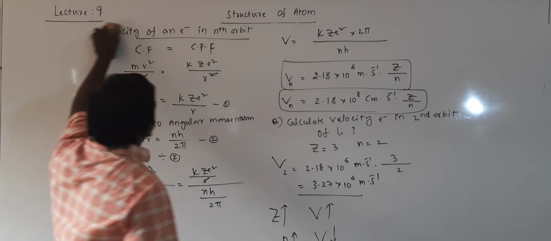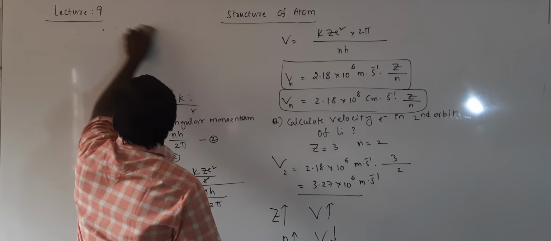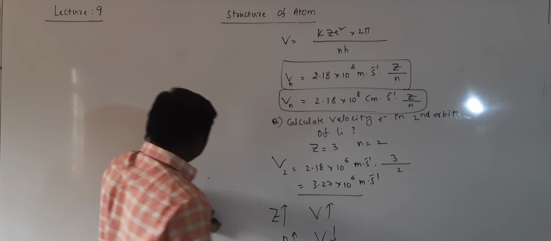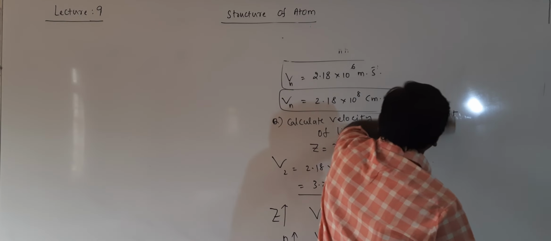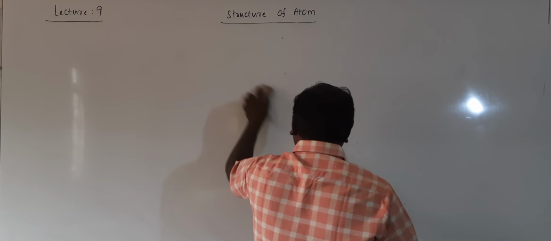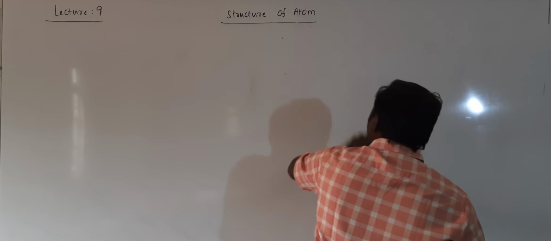Next one is orbital frequency. It means the number of revolutions taken by an electron per 1 second.